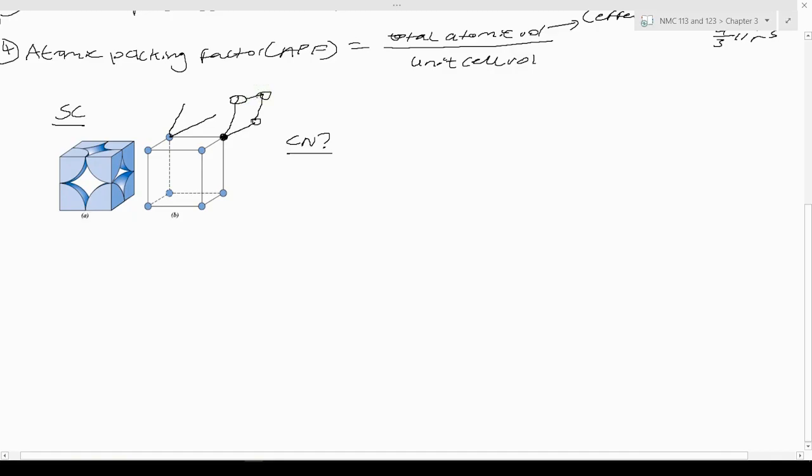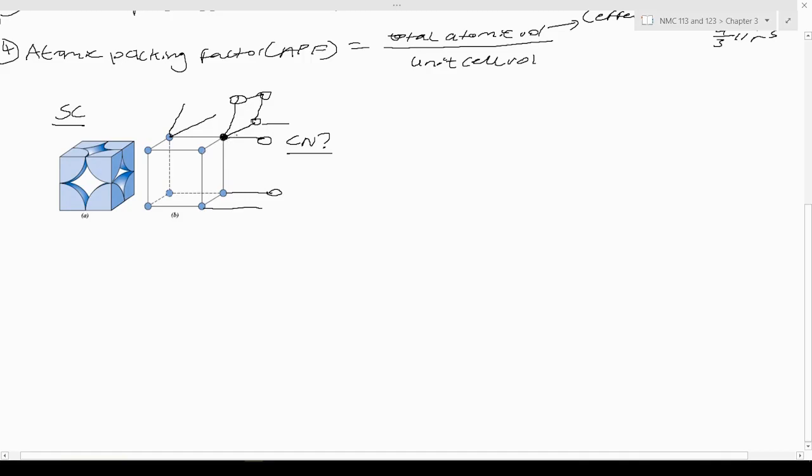On the side you also have another unit cell, and this is the bottom unit cell. You just extend this.